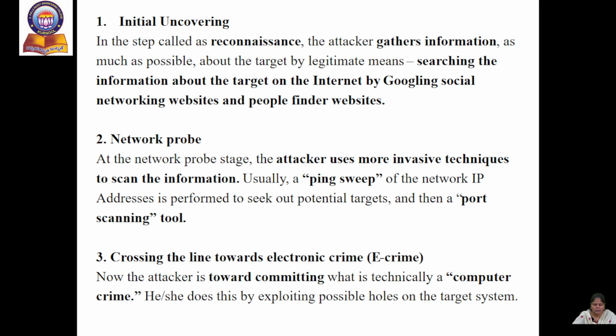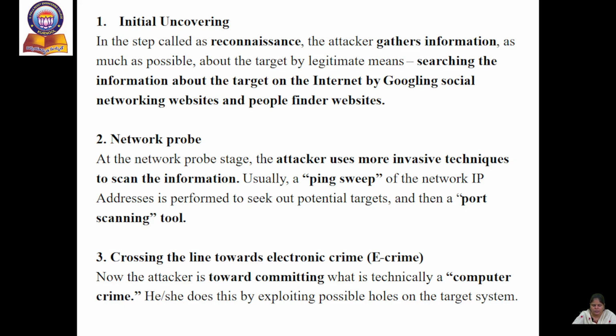Initial uncovering, in this step called reconnaissance, the attacker gathers as much information as possible about the target by legitimate means, like searching the internet by googling, social networking websites, and people finder websites. These are different ways he uses to gather information about the user.